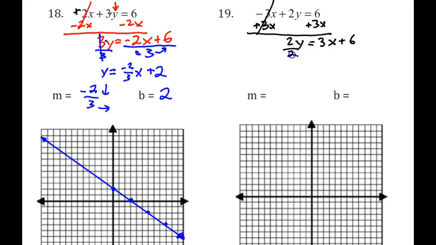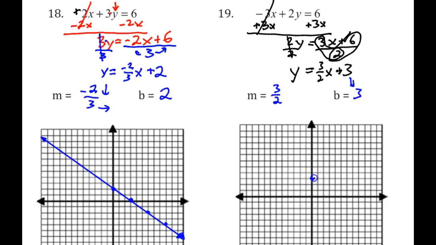And then divide everything by 2. So we have y equals 3 over 2x, and then 6 divided by 2 is positive 3. Okay, so y-intercept, we have 3, slope is 3 over 2.